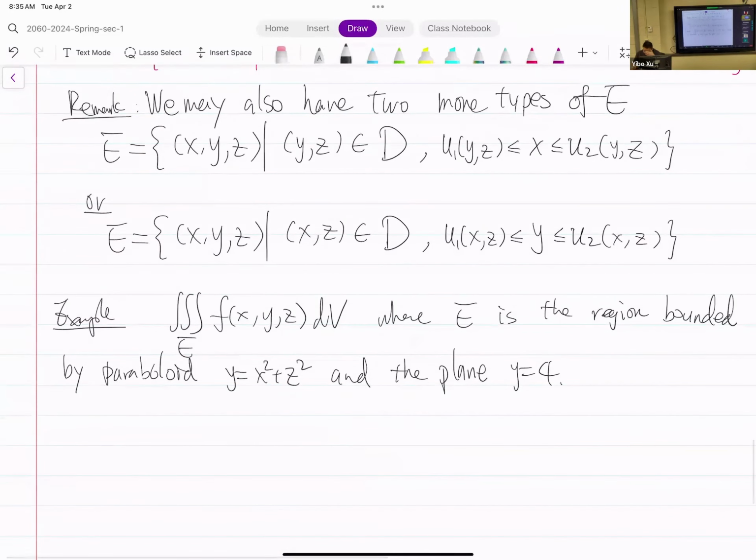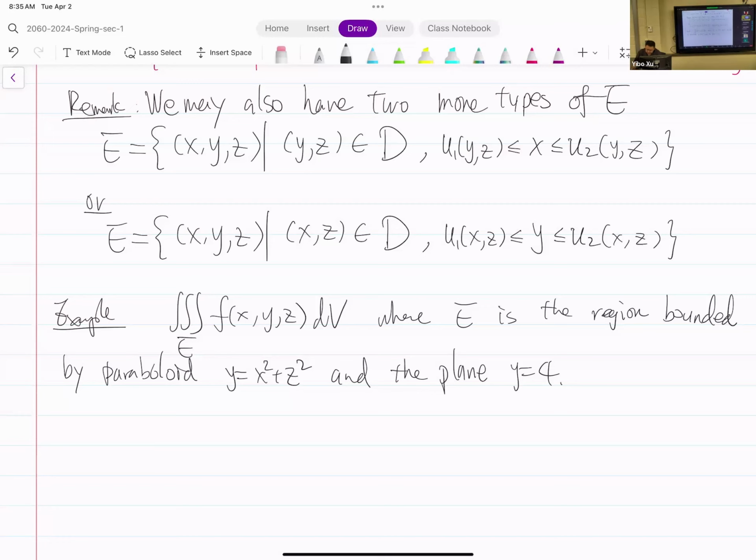So if you're looking at this paraboloid, this is saying what? This is saying, okay, if I fix x to be a constant, I will get y equals z squared plus a constant, right? If you have z as a constant, you will have y equals x squared plus a constant. Okay, so these are both parabolas opening along the y-axis.